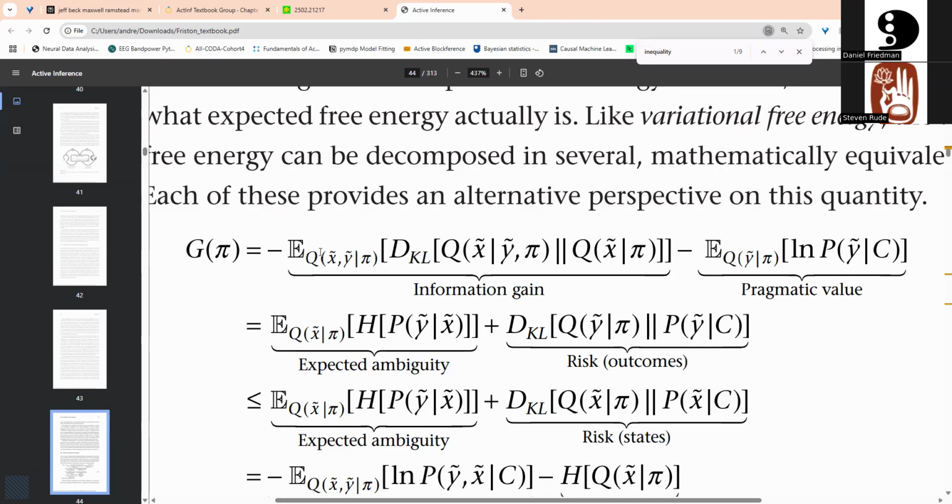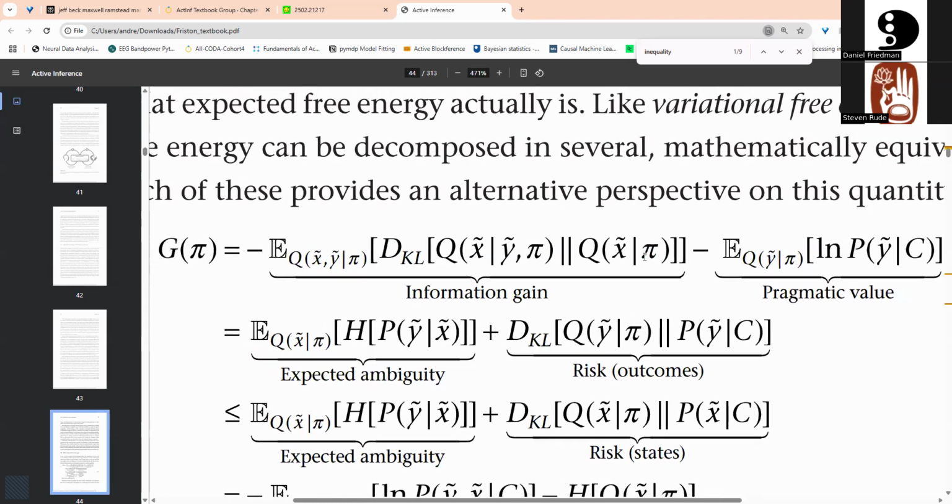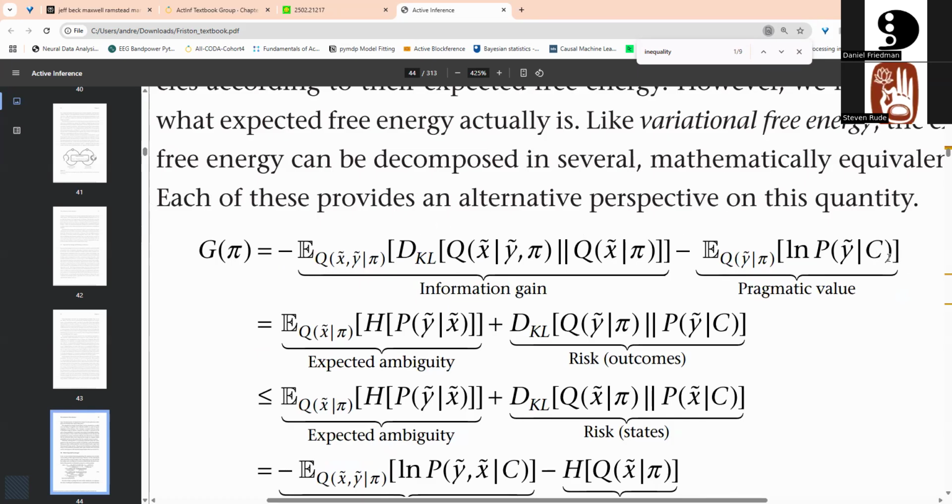In fact, this isn't even random, right? Because you're actually making direct references to particular sequences of observation you expect, or states you expect, or actions you take. So that's kind of a major strength of active inference.